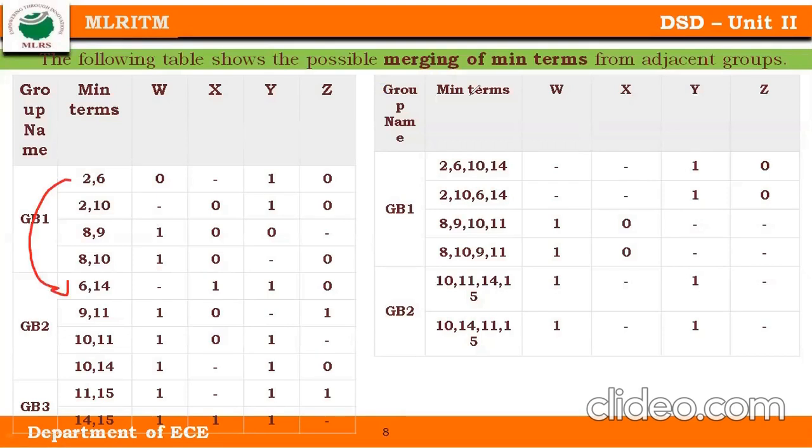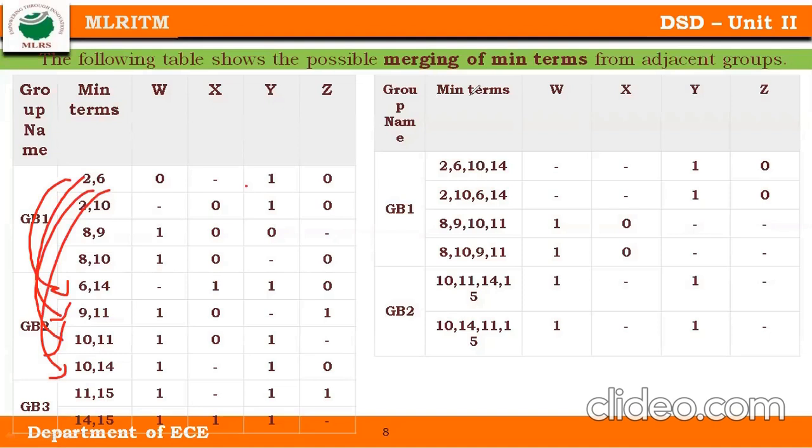Here 1 0 dash is there, so this is not the same. 1 dash and 1, this is also changed. So there are two changes, leave it, it is not possible. Then 2 6 and 9 11, 0 1 1 change, dash and 0, not possible. 2 6 and 10 11, 1 change, 2 changes, not possible.